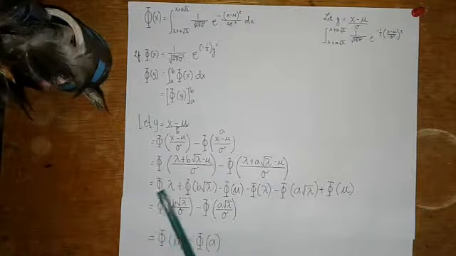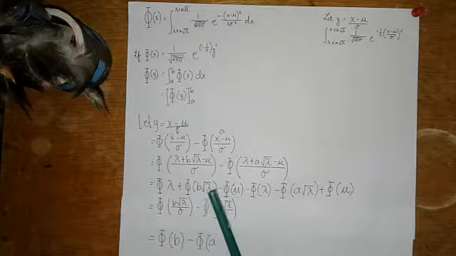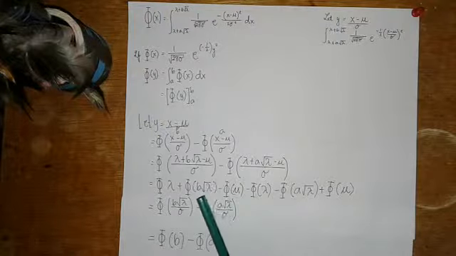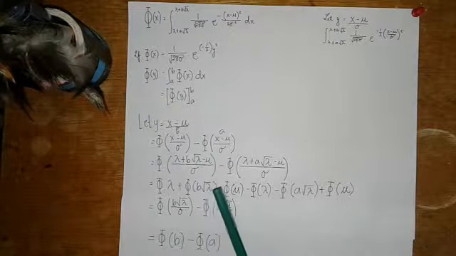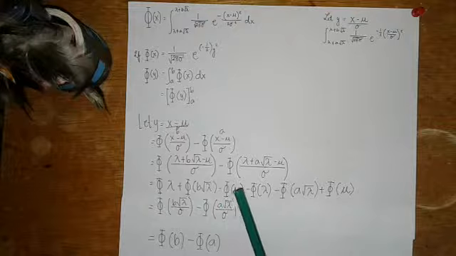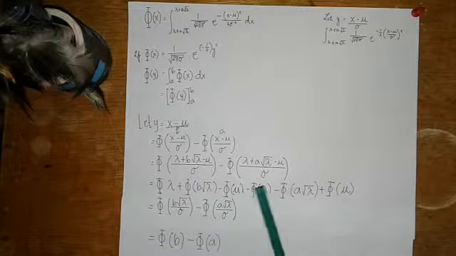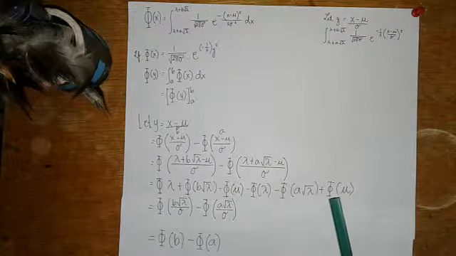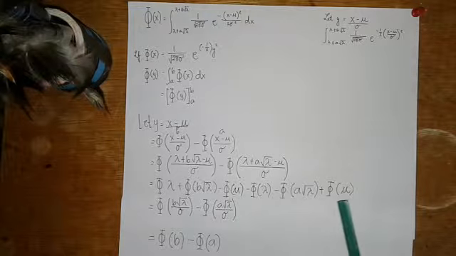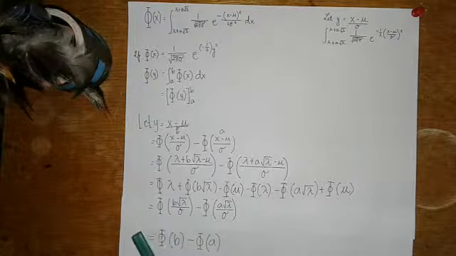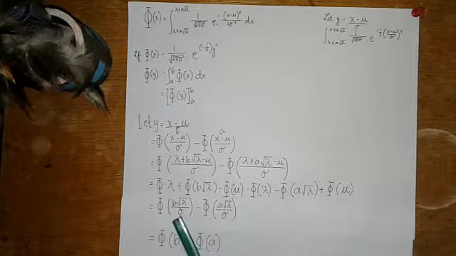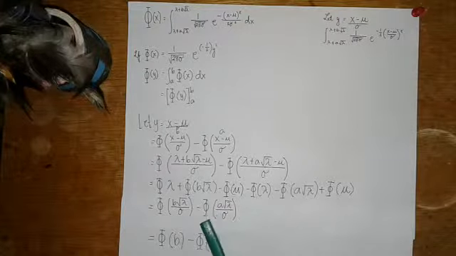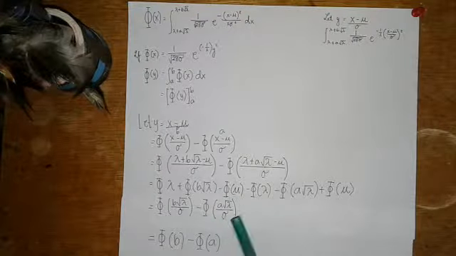Expanding, we have phi of (lambda plus b square root of lambda minus mu) minus phi of (lambda plus a square root of lambda minus mu), and so we have phi of b square root of lambda all over sigma minus phi of a square root of lambda all over sigma.